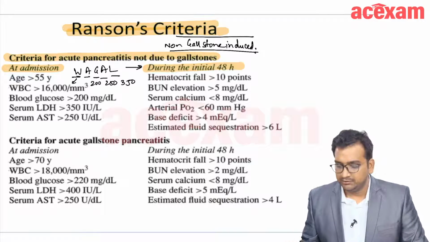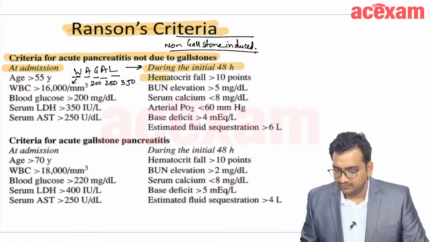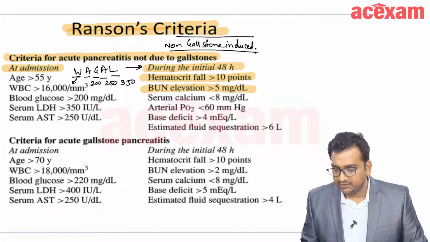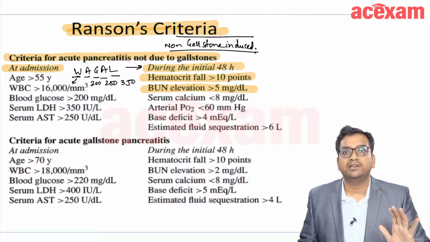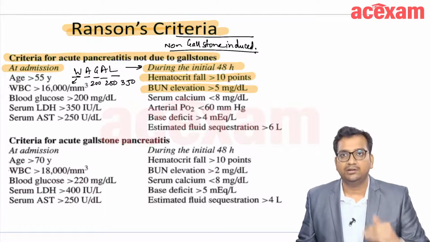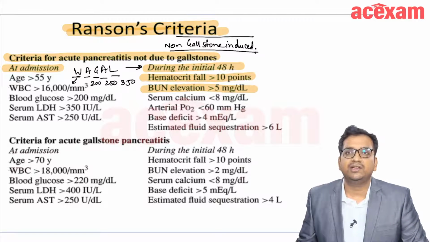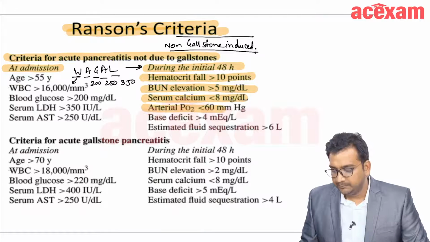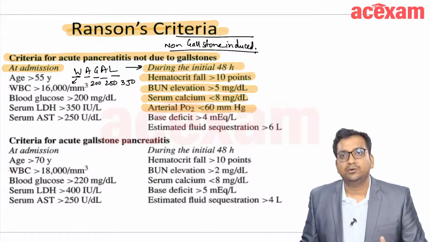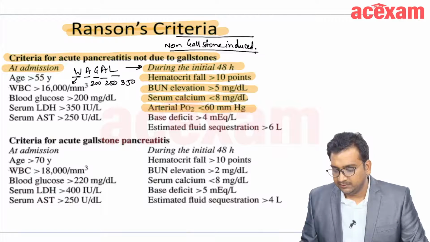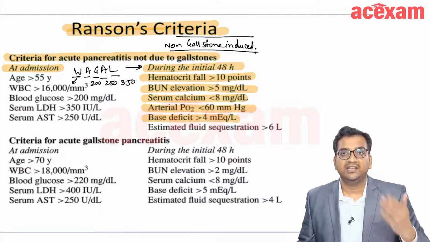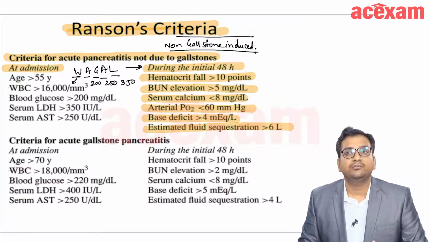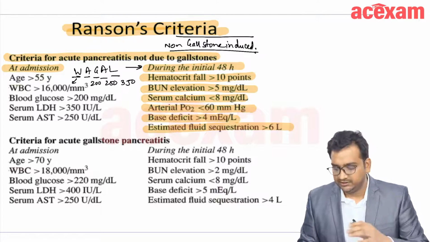Similarly, if blood urea nitrogen elevation is more than 5 milligram per deciliter, the patient is very dehydrated, and urea nitrogen is increasing. Serum calcium less than 8, oxygenation is very low, arterial PO2 less than 60, base deficit is very high because of acidosis, and estimated fluid sequestration is more than 6 liters. So this is easy to understand.